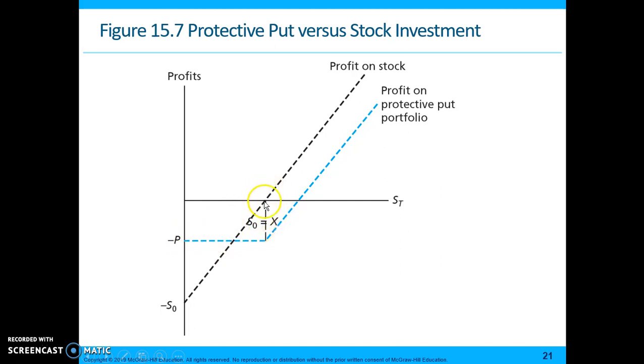This assumes we bought an option at the price we could buy the stock; that might differ a little bit. Anyway, we've created a floor for our potential losses.